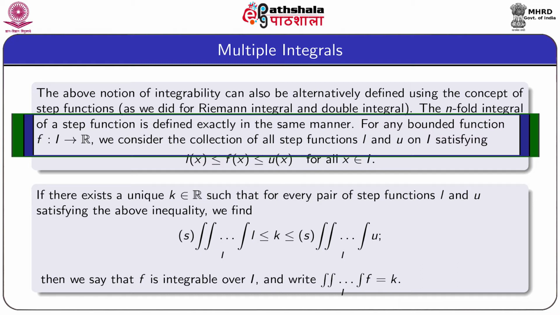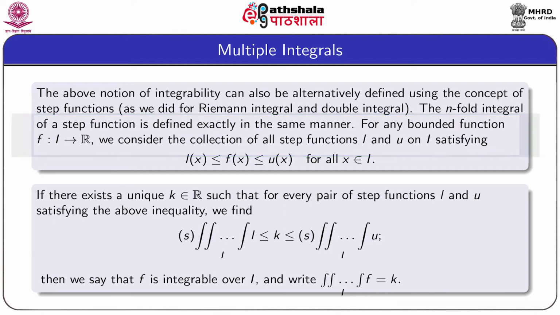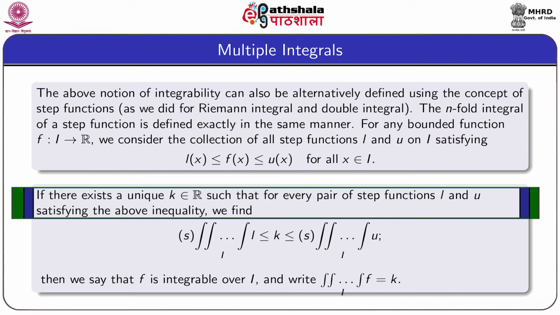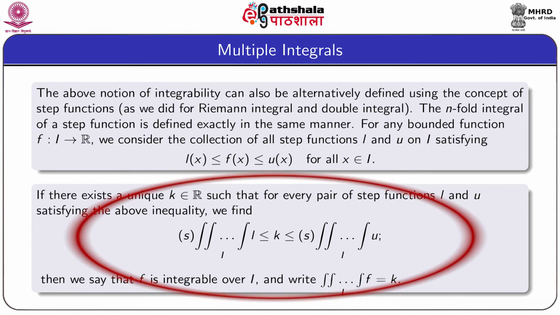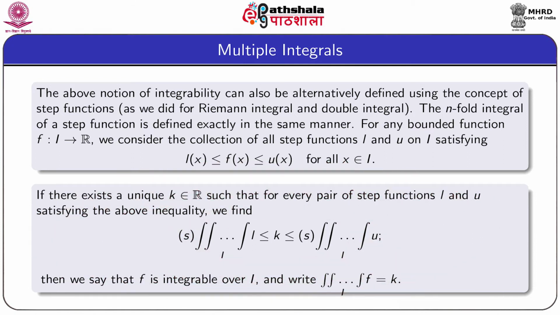For any bounded function f from I to R, we consider the collection of all step functions L and U on I, satisfying L(x) less than or equal to f(x) less than or equal to U(x) for each x in I. If there exists a unique k such that for every pair of step functions L and U satisfying the above inequality, we find the integral of L over I is less than or equal to k, which is less than or equal to the integral of U over I, then we say that f is integrable over I, and we write the integral of f over I equals k.